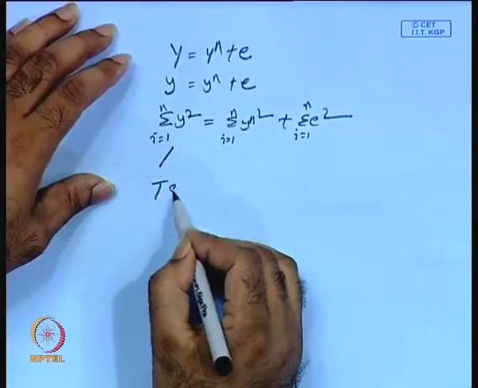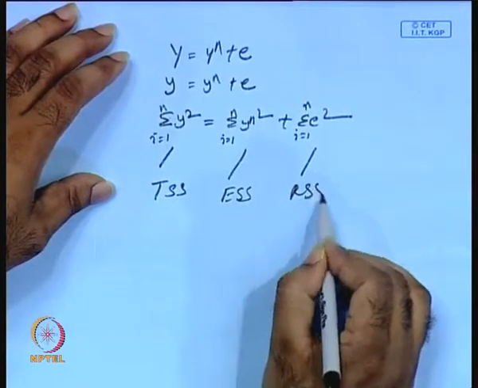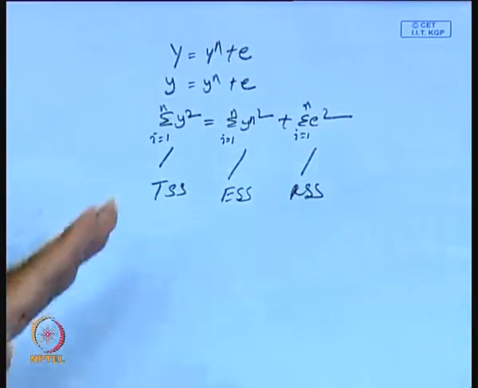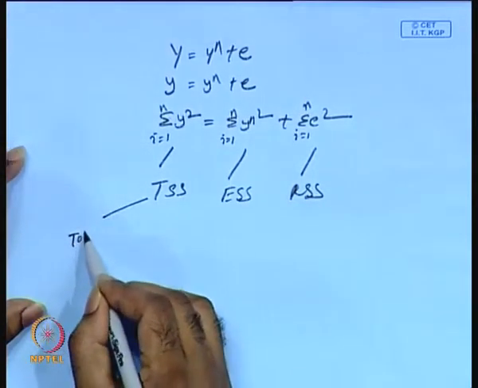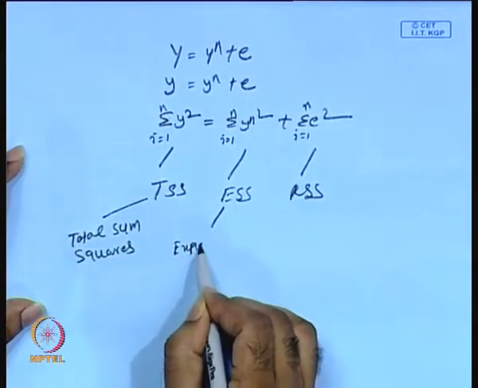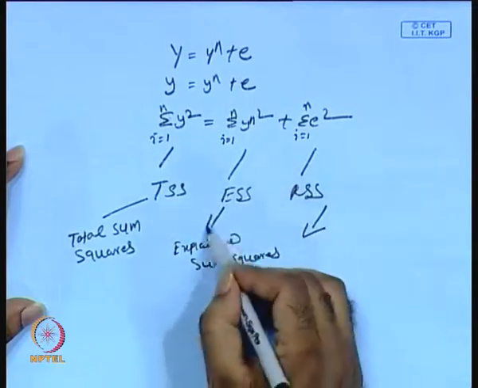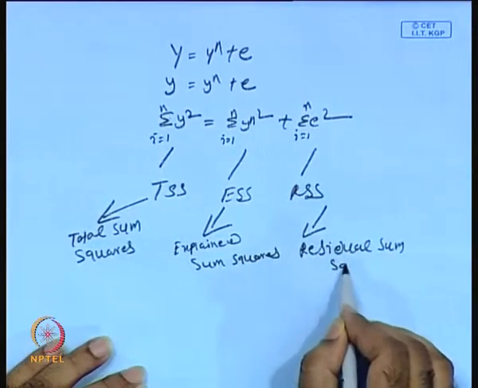So we are at the stage that summation y squared equals summation y hat squared plus summation e squared. The first term is called TSS, the second is called ESS, and the third is called RSS. What exactly are these? The first is the total sum of squares, the second is the explained sum of squares, and the third is called the residual sum of squares.